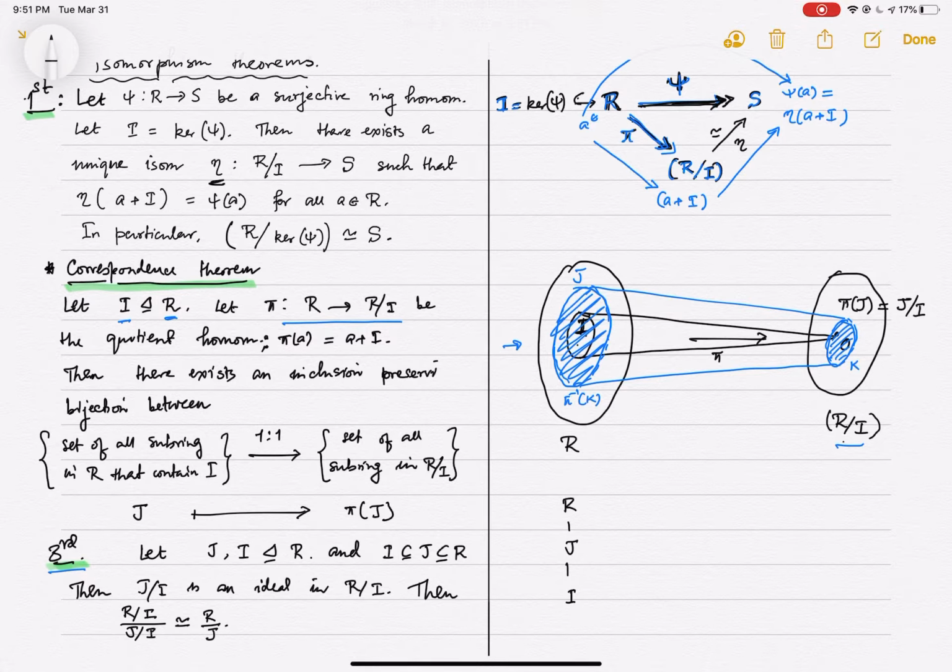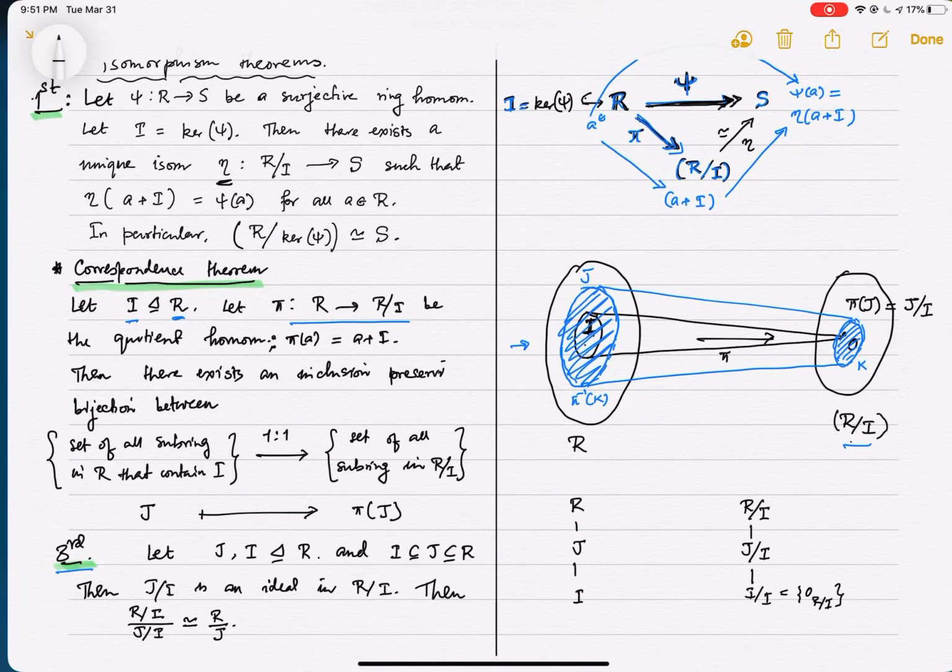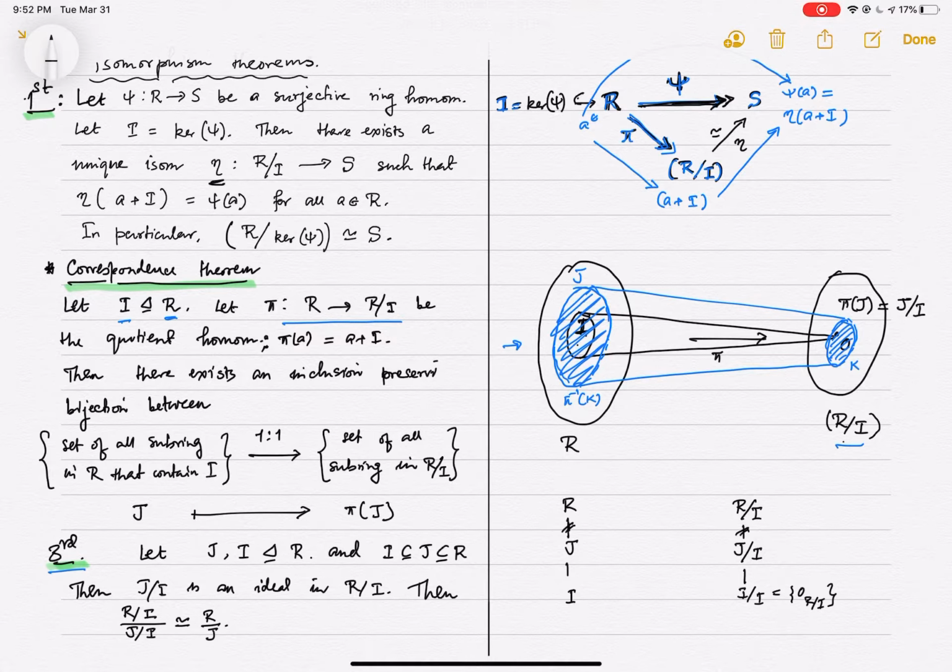You could go to R mod I, and then J determines an ideal in there called J mod I. And I itself becomes I mod I, which becomes just the zero ideal of R mod I. And it says that this quotient, R mod J, is the same as that quotient. So R mod I mod J mod I is the same as R mod J. That's the statement.